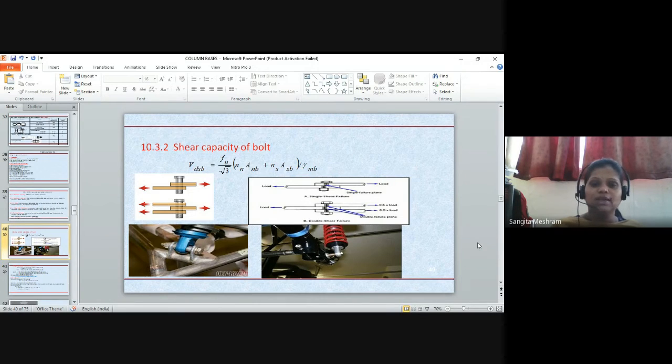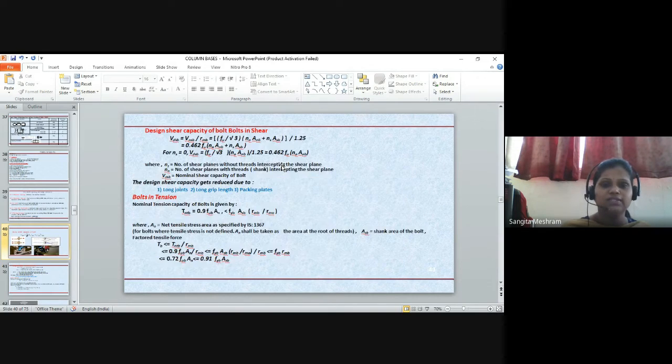Shear capacity of the bolt is calculated with the help of this formula, which is already given in the IS code. We can use this formula to find the shear capacity. We will see the terms one by one.